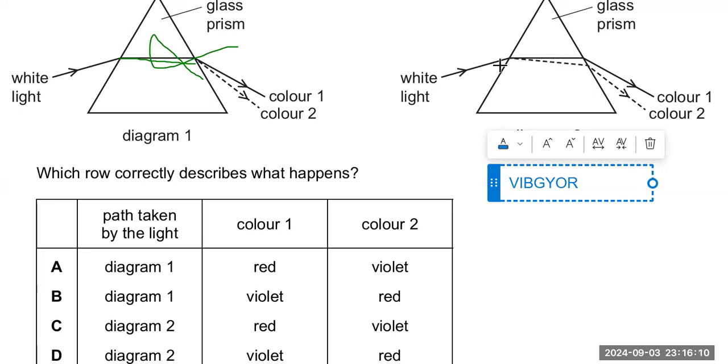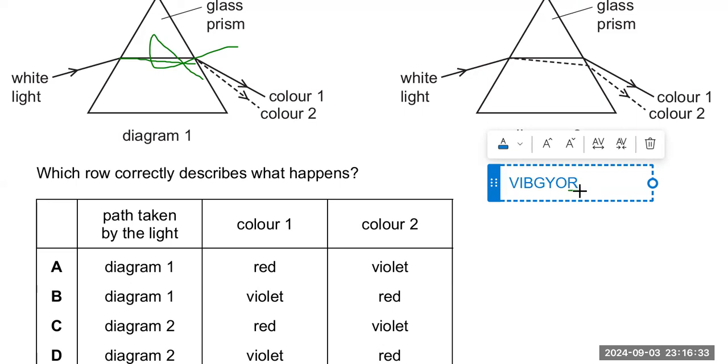It means when the light enters the prism, it starts bending according to its wavelength. And one more hint I will give you, the color which has more wavelength bends less. The wavelength of red color is more, that is why it bends less.